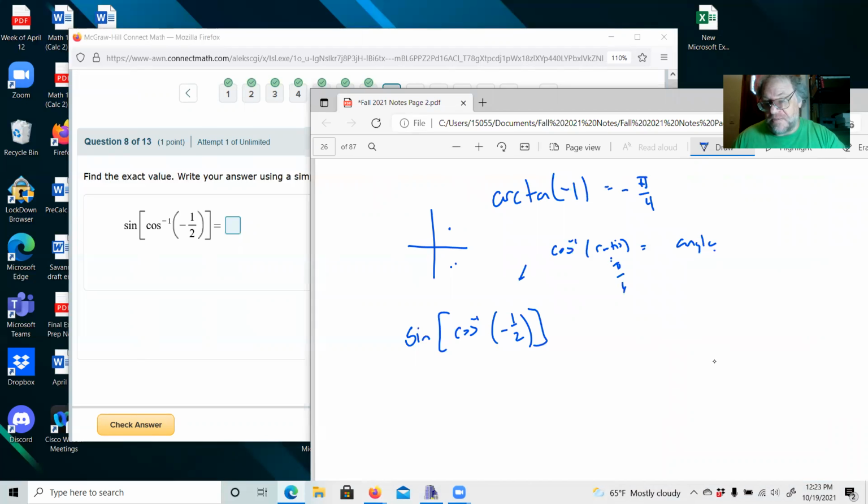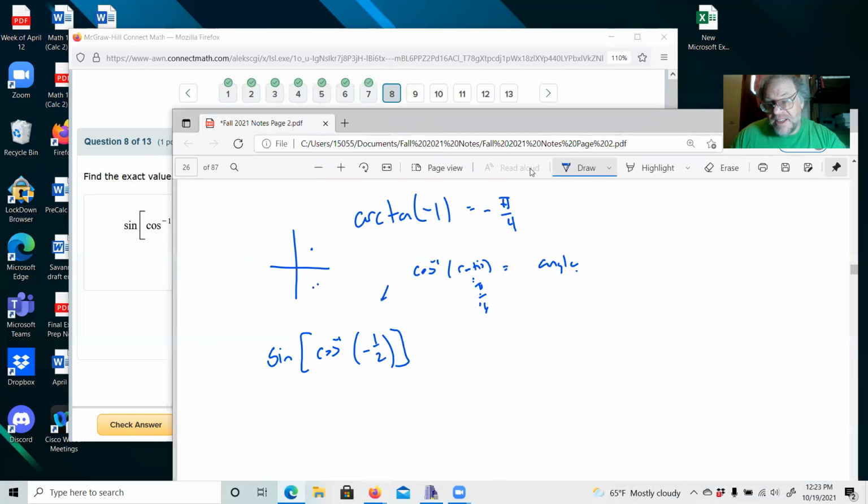You could take the inverse cosine of pi over 6. They mean different things. If I'm taking the cosine of this, that's an angle. But if I'm taking the inverse cosine of this, it was a ratio. It's less than 1, so it's okay. So double check, what is in the parentheses? Is that a ratio or an angle?